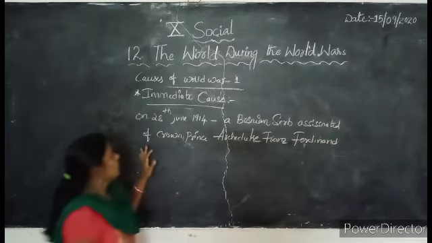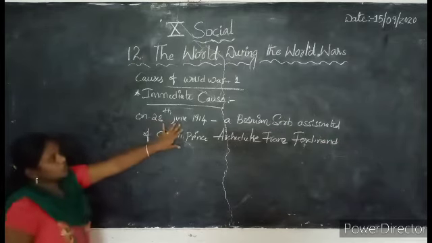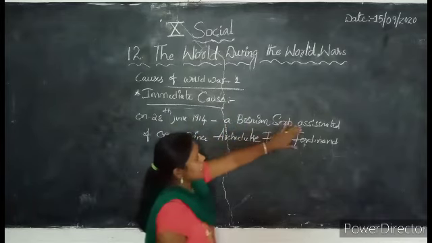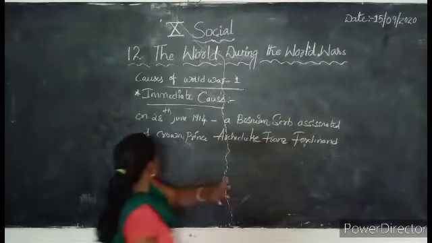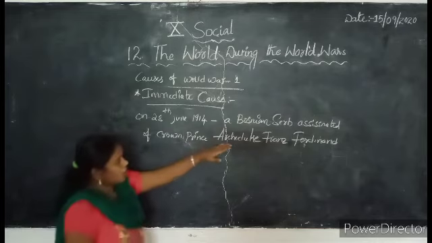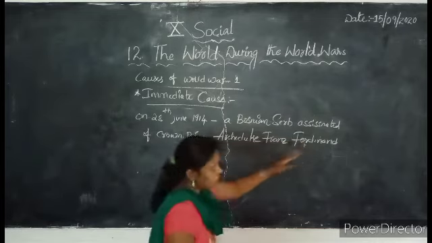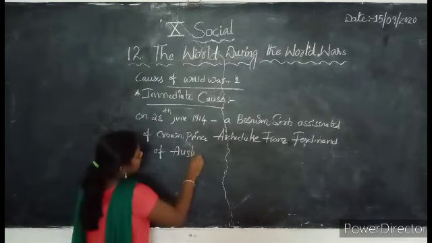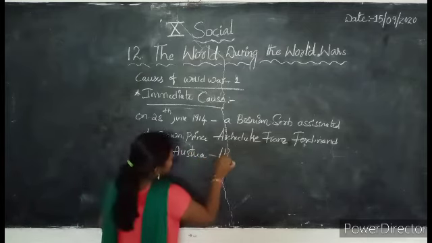Yes, on 20th June 1914, a Bosnian Serb assassinated, political murder of, Crown Prince Archduke Franz Ferdinand of Austria-Hungary.